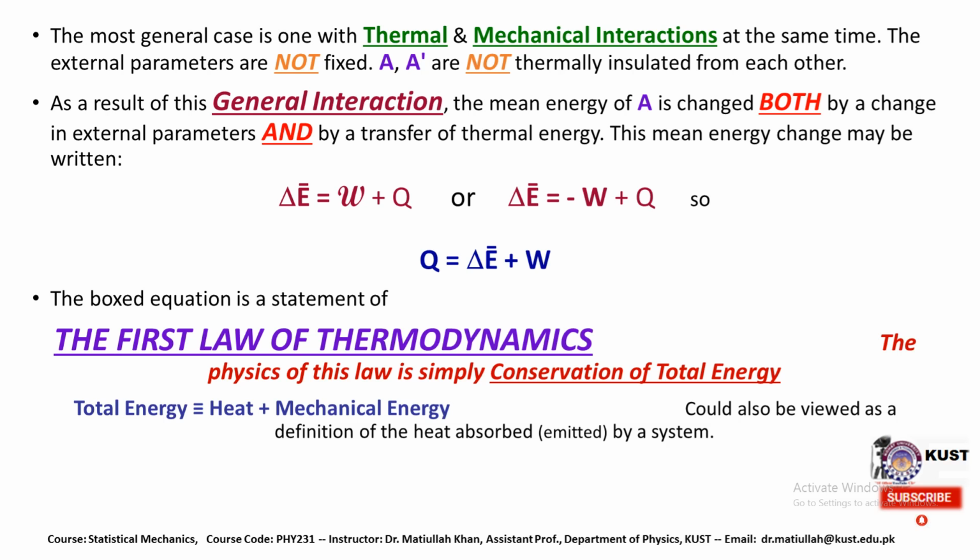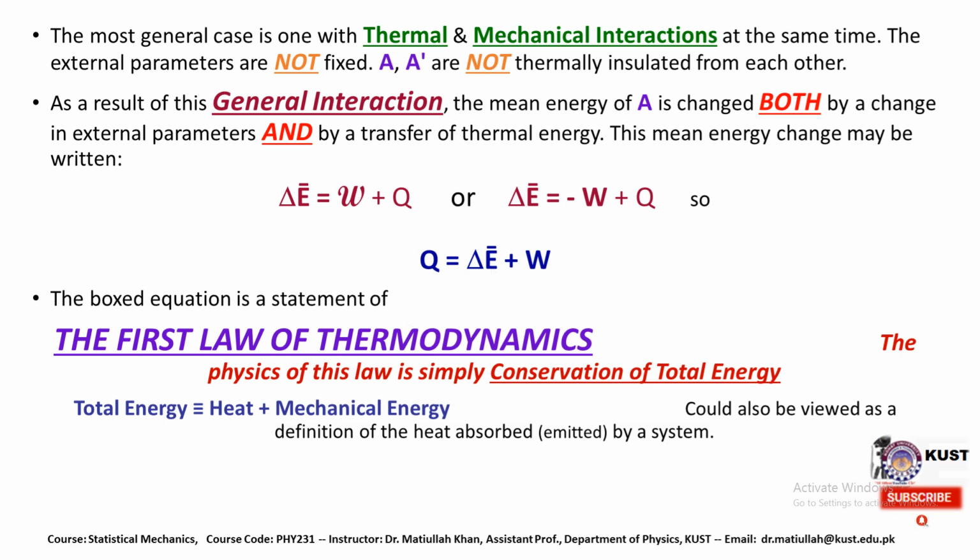So we apply the law of conservation of energy, the first law of thermodynamics, on this interaction between different systems, in which the total energy is equal to heat plus mechanical work done. If you look at this equation, that law says that the total energy provided to the system is equal to the heat change, that is the thermal interaction, plus the mechanical interaction.